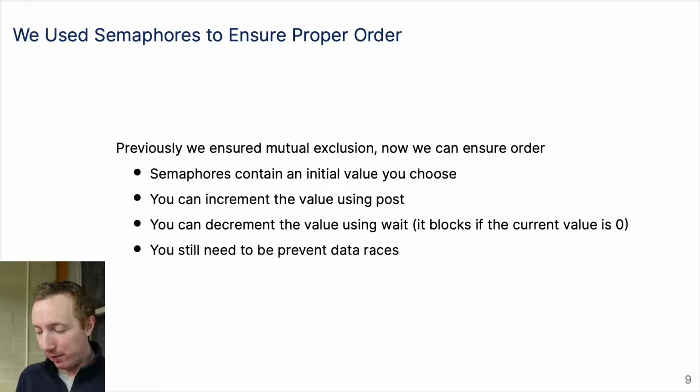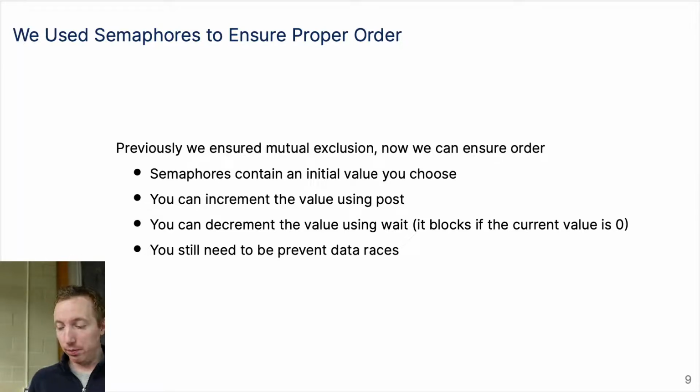Then we saw semaphores. So we saw mutual exclusion with mutexes and semaphores, which were just a value. You can increment it using post, and you can decrement it using wait, and it will just block if that value is 0 and wait for it to increase to at least 1, so it can decrement and not go below 0.